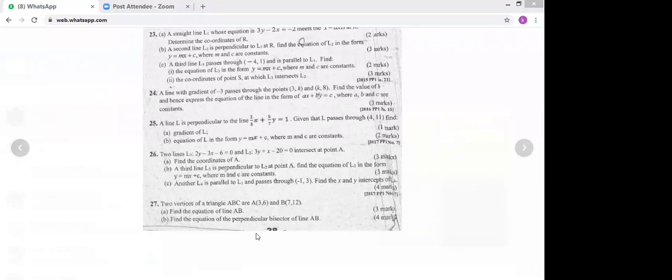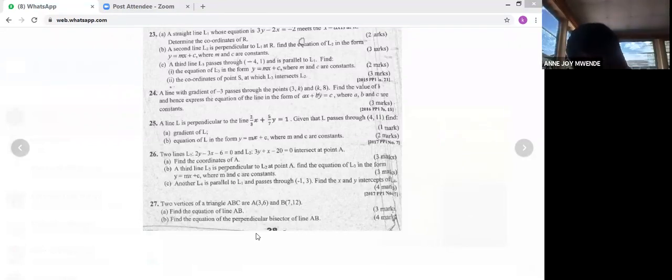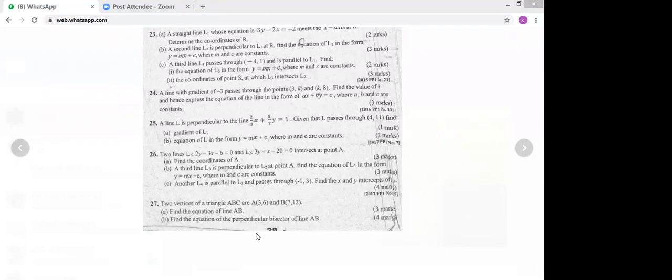When it is parallel, it means they have the same gradient as line 1, which is 2 all over 3. So I equated 2 all over 3 with y minus 1 all over x plus 4.